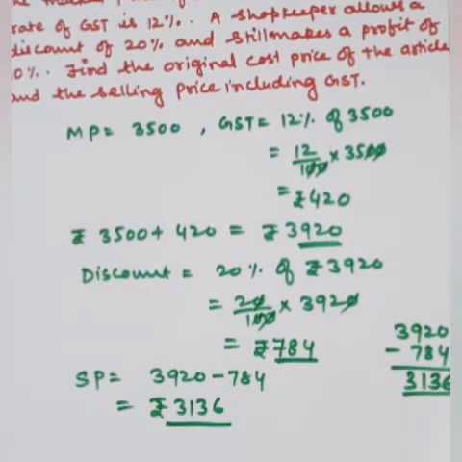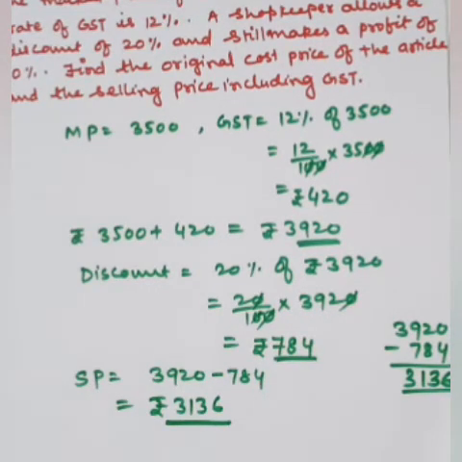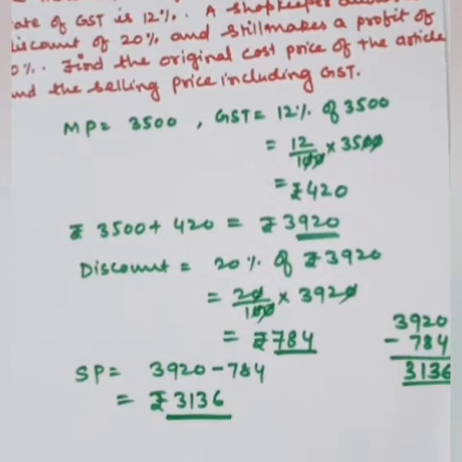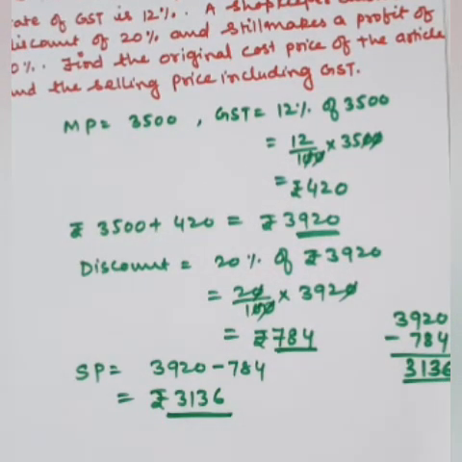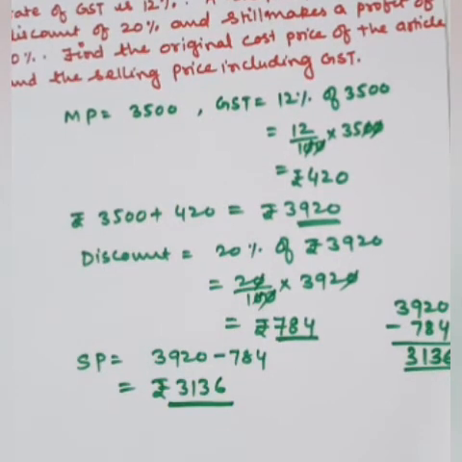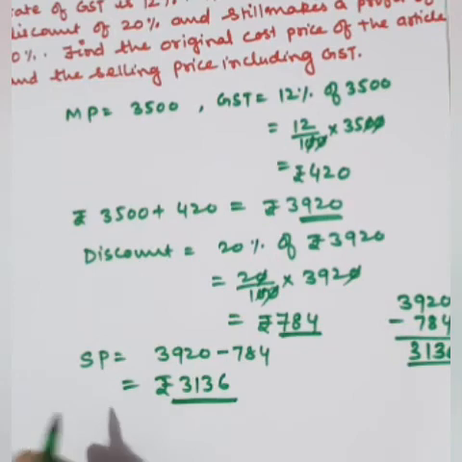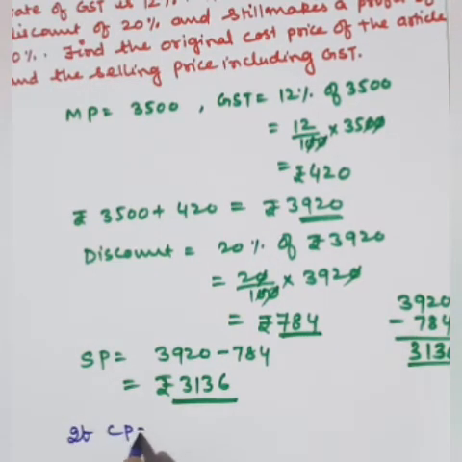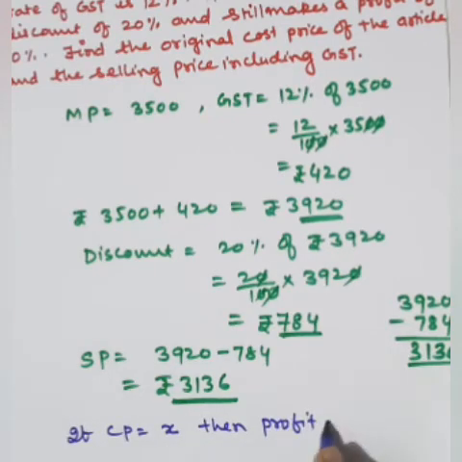But you have to find the CP also. Here the shopkeeper is selling the article at 3136, but he is also earning a profit of 10%. So let us say CP is equal to X. Then profit is equal to how much? 10% of X. So that will be equal to 10 by 100 into X. So 0 0 cancel.